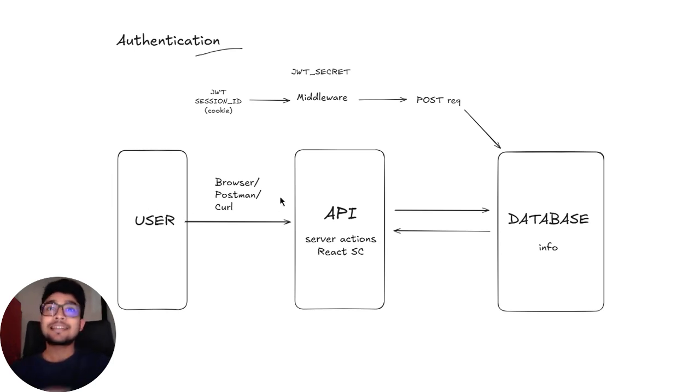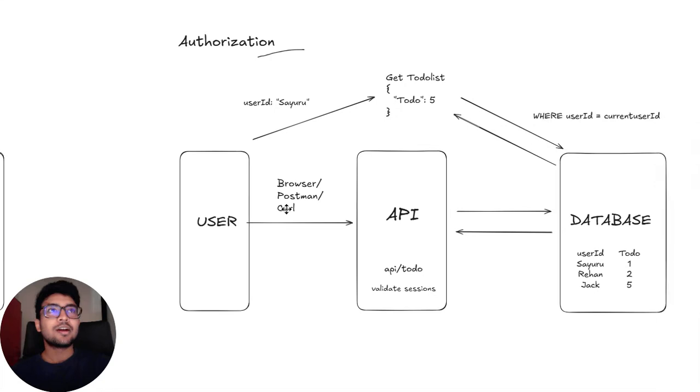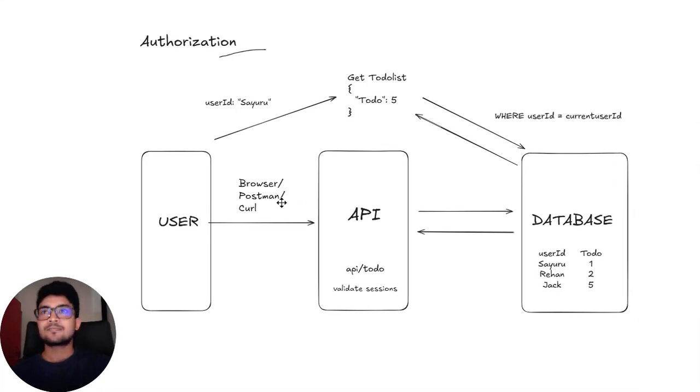But here's the next problem: just because someone's authenticated doesn't mean that they can do anything they want. This is where authorization comes in. Let me give you an example of a simple to-do list application. A user logs in, and let's say the user is Saru, and they want to access to-do list number 5.